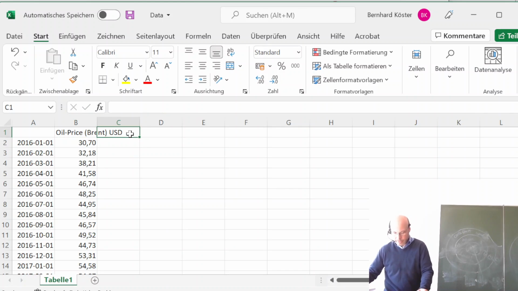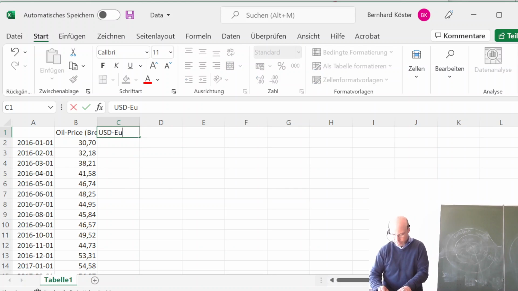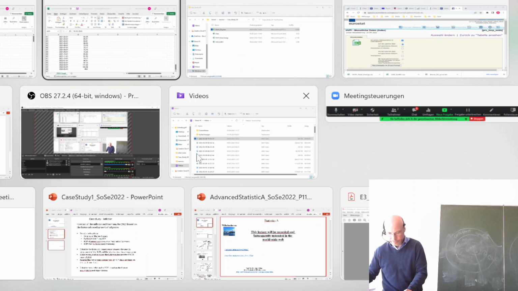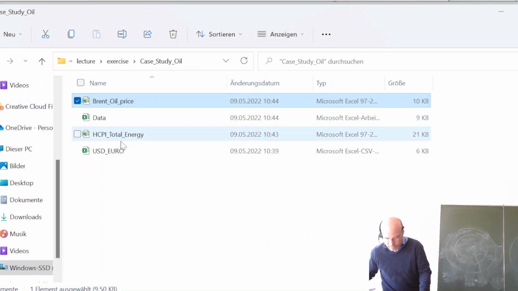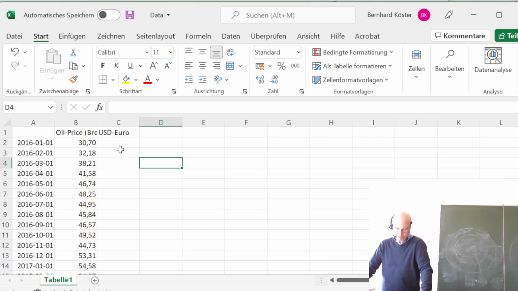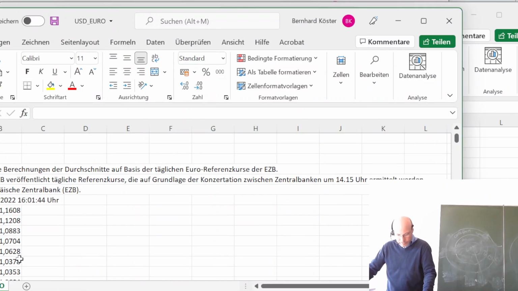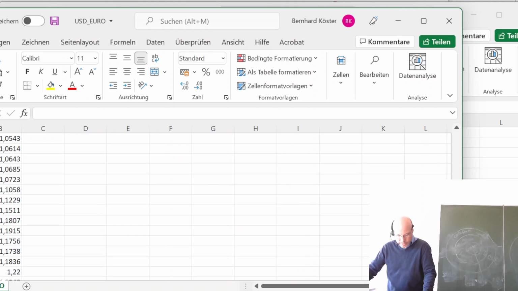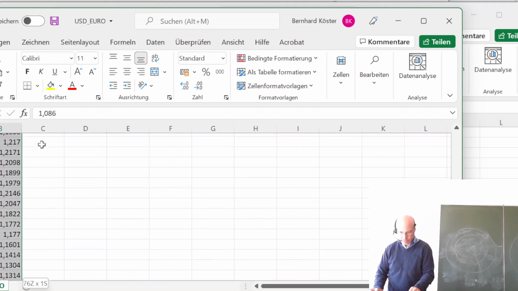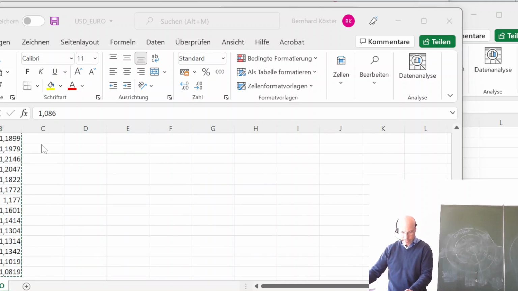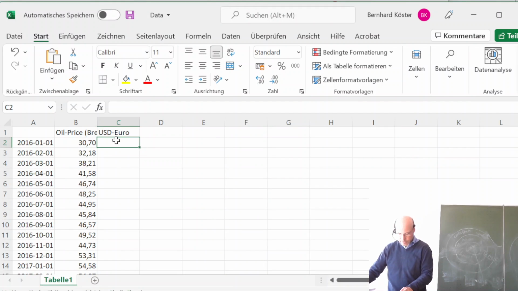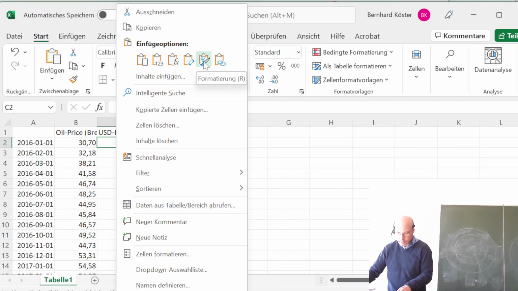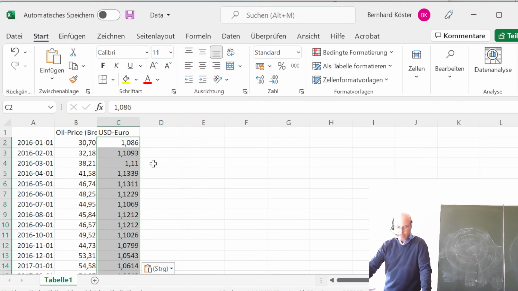So the next one we need is US dollar euro, the exchange rate. This we have here. So here we start from 1999, of course, and we want to start January 2016. This is our exchange rate. What else?